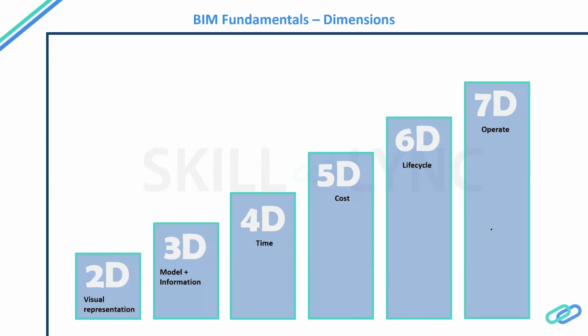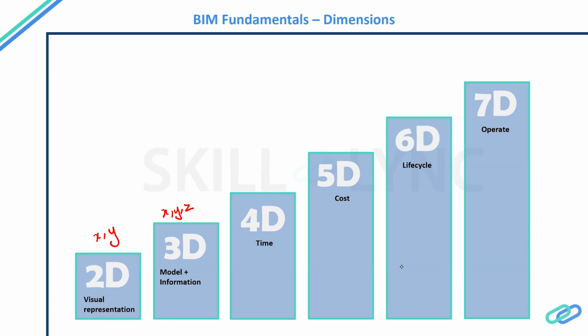Next, the dimensions. BIM has several dimensions, spanning from 2D to 7D. 2D is just an X and Y vector line drawing, and 3D model is X, Y, and Z, and 4D has the time parameter included. The fifth dimension has the cost parameter included, the sixth dimension has life cycle assessment and sustainability assessments, and 7D has facility management and operation related dimensions.